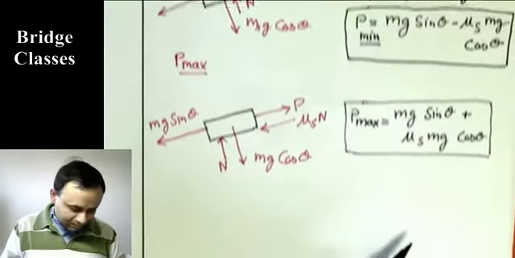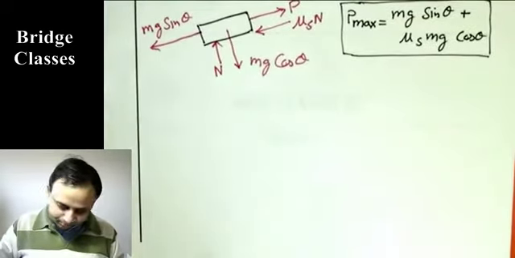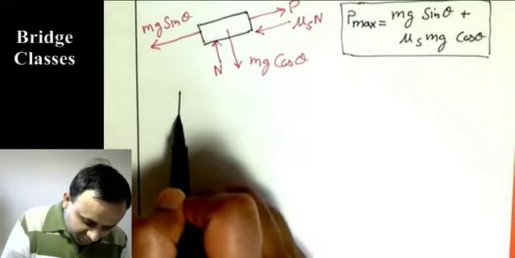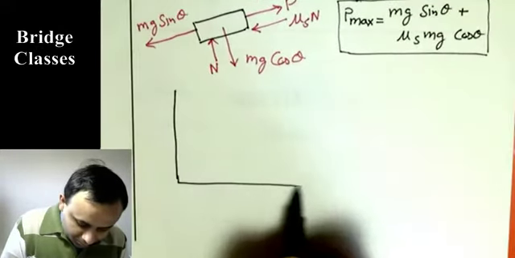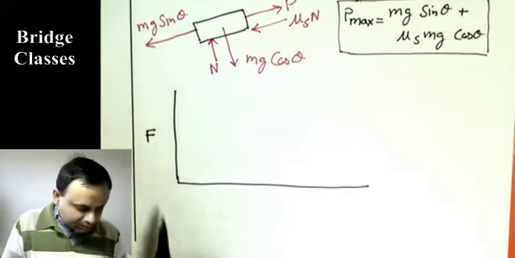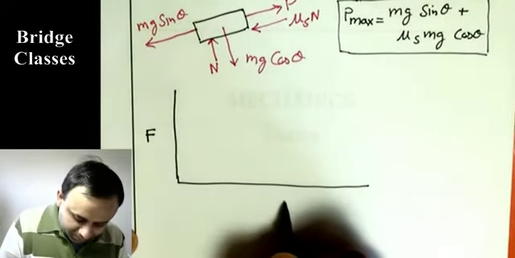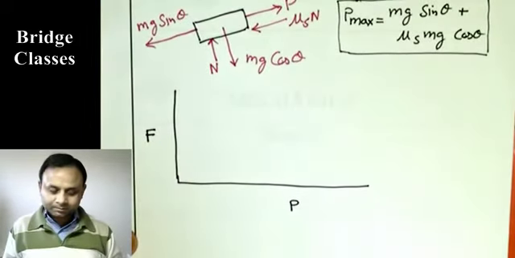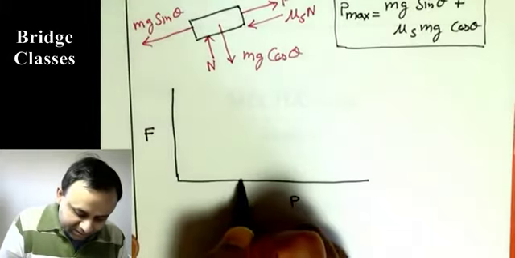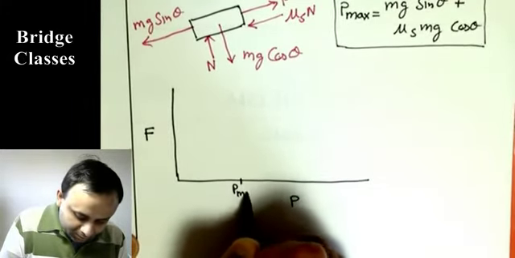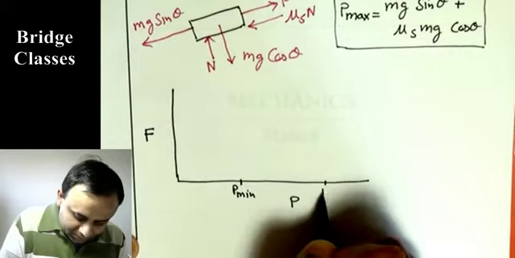Okay, so let me also draw, if we plot for this problem, frictional force F versus P. Let us say this is P min we calculated and this is P max.